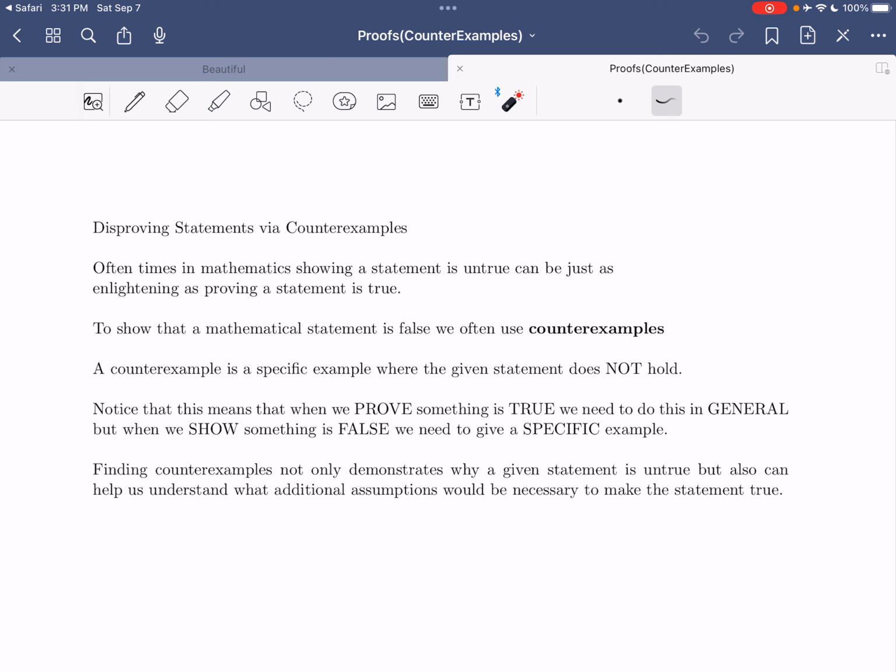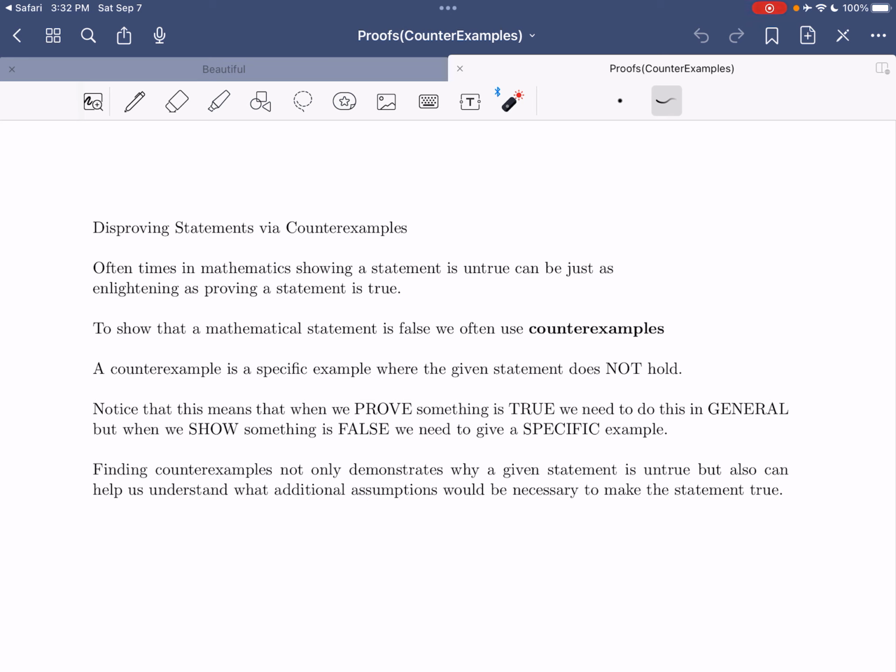Lastly, why do we even need to give counterexamples when somebody makes a false statement? Well, keep in mind that in mathematics, we don't want to turn things into arguments or opinions, right? If somebody makes a mathematical statement that we know is incorrect or that we think is incorrect, they need to either prove that the statement is true or we need to demonstrate an example where it's untrue.